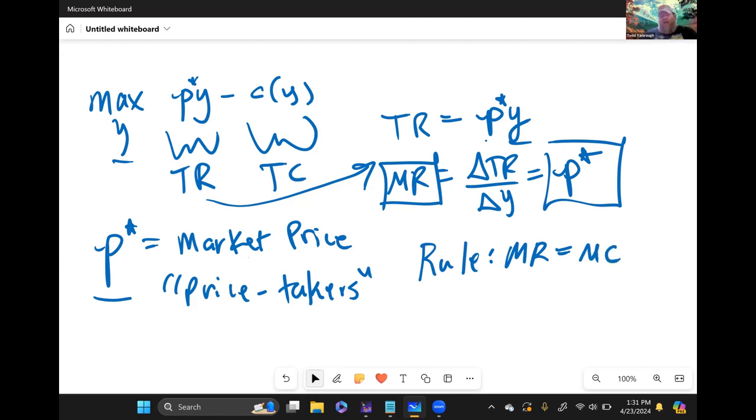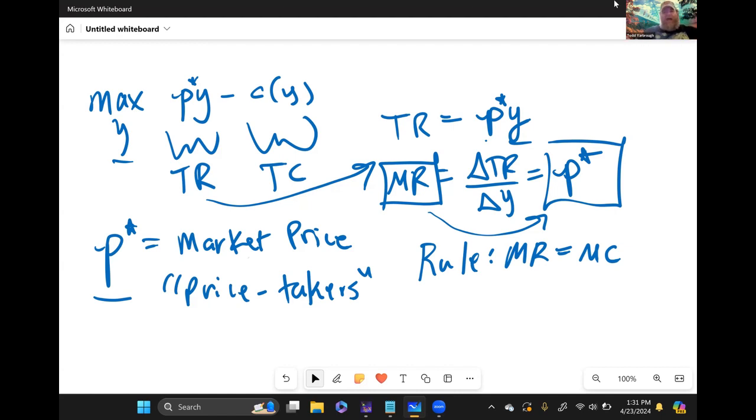So what this implies is that in competitive markets, we have a particular outcome of that rule, which is that because the marginal revenue for a firm is just P star, and by the way, this would imply that every firm in the competitive market charges the same price. That would also imply that every firm in a competitive market has the same level of marginal revenue.